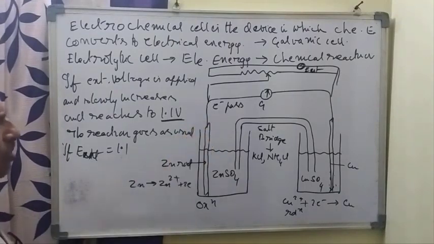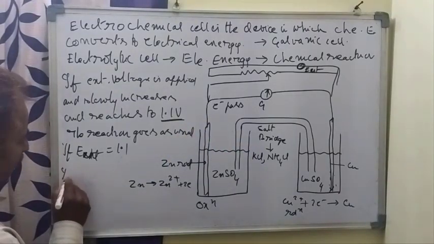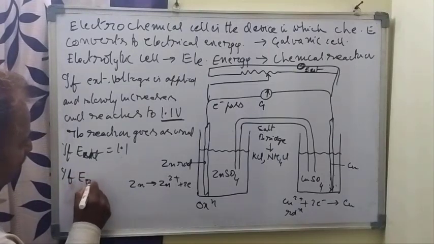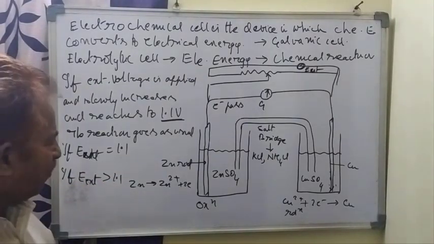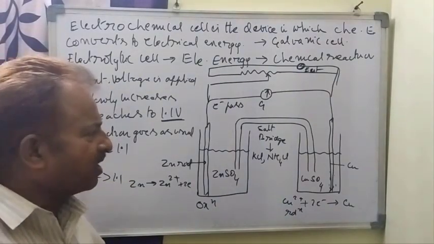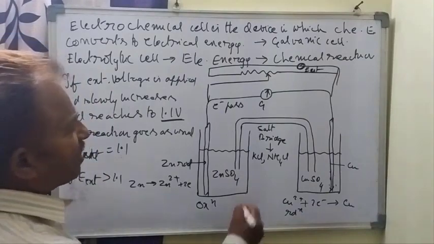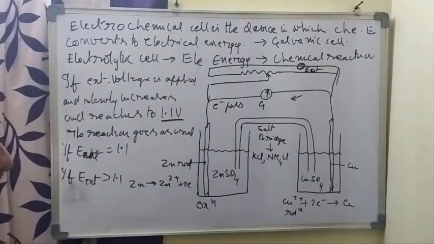Then no current flows in the cell. If E external is more than 1.1, that is, more than the voltage produced by the cell, then what happens? Electron passage takes place in the reverse direction, that is from the copper container to the zinc container. So these are the conditions.